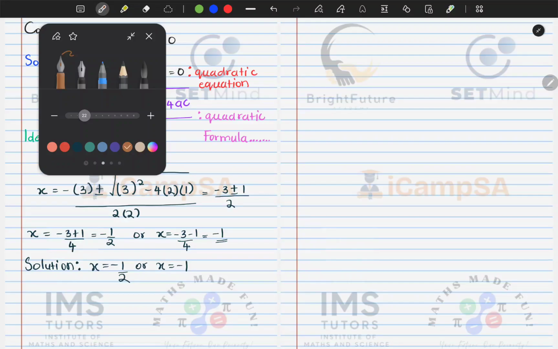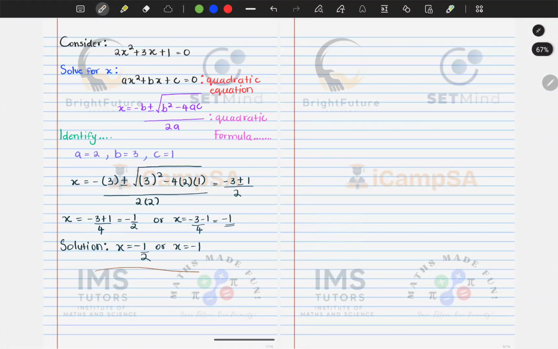So others would have easily been able to see from the word go, looking at that problem, that if you have 2x squared plus 3x plus 1 equals 0, since you have a plus 1 and a plus sign in between, it means you have a plus 1 plus 1. Then you put in 2x and you put in x here, and this is equal to 0.